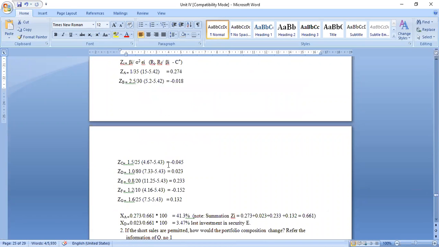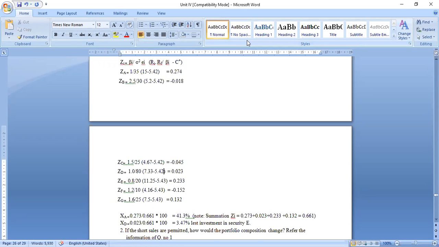Next, when it comes to security C here, 4.67 minus 5.42 is minus 0.75. So minus 0.045. So this is correct. Next for D, 1.0 divided by 80.